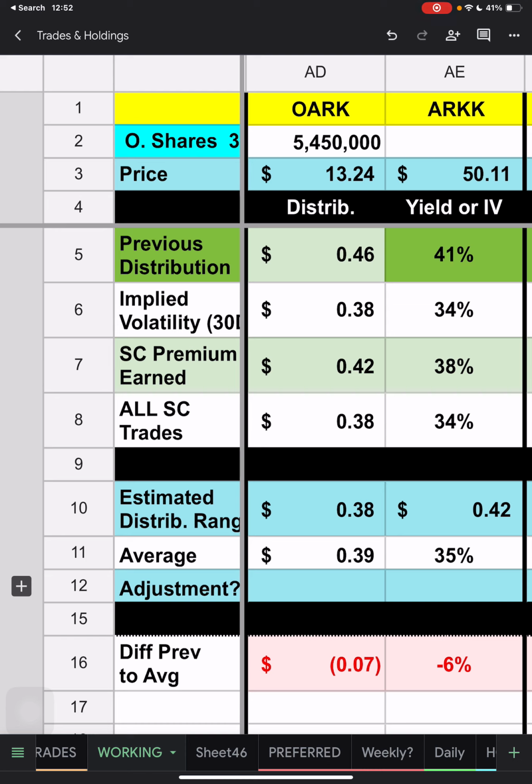But anyway, the way I had my formula set up, I had this data pulling from the YieldMax website. But at some point, when they started doing the new ETFs, I don't know if anybody else has ever noticed this, but the last 6 or so, I can't remember how many months they've been doing this, they've been putting the distributions on those pages backwards.